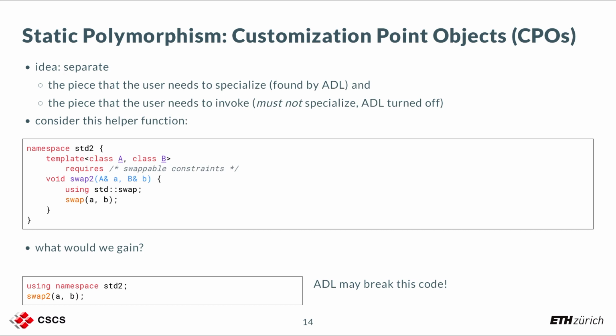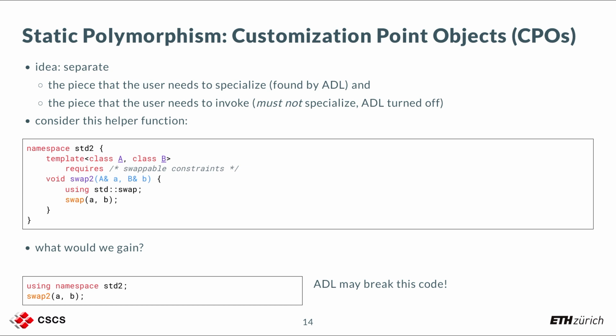The idea is that the piece that the user needs to specialize is found by ADL and is separated from the piece that the user needs to invoke, and therefore must not specialize and is not found through ADL. So let's take a step back and look at this.